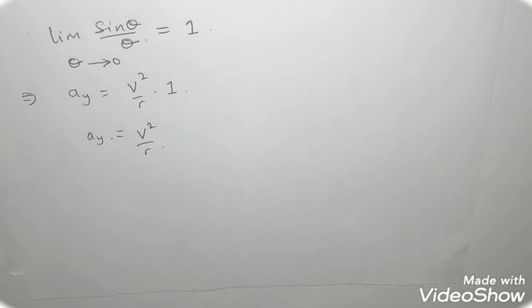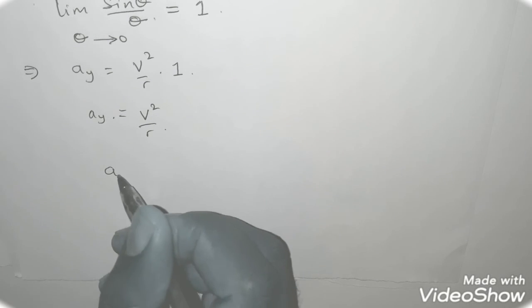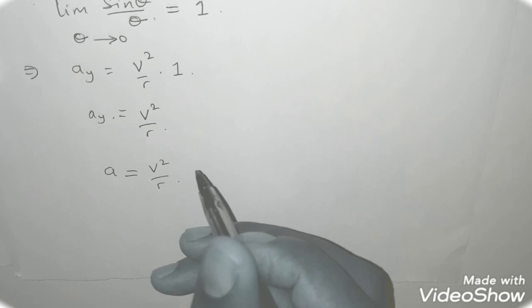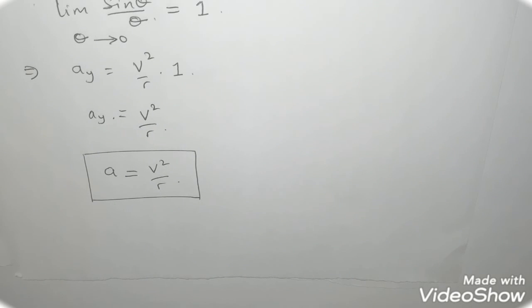So generally, our centripetal acceleration A is equal to v squared over r for any particle moving in a circular path.